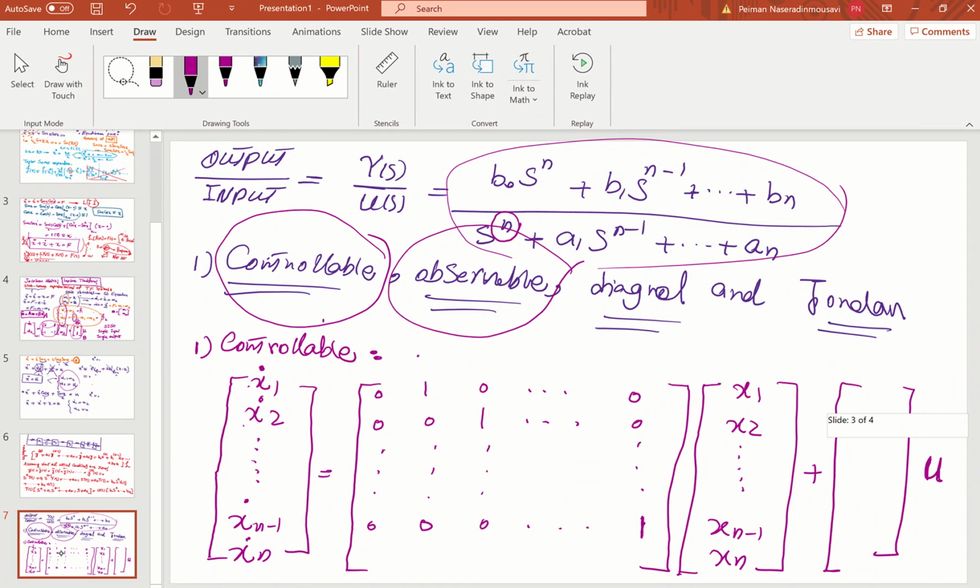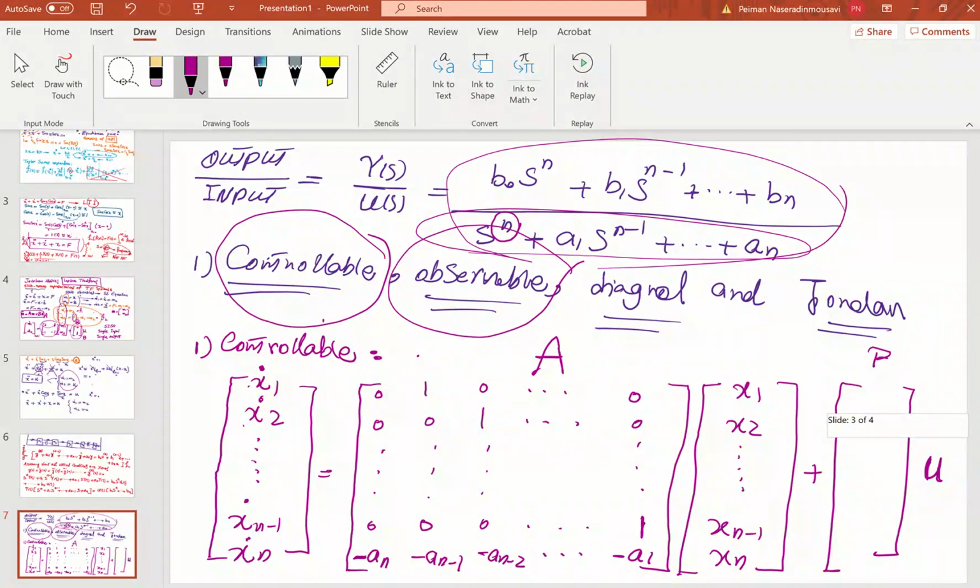This 1 comes here. And the last line is going to come from this equation, guys. I'm reversing the order of the coefficients and multiplying by minus: minus an, minus an minus 1, minus an minus 2, and finally minus a1, reversing. Okay, and this is your A matrix, as I told.